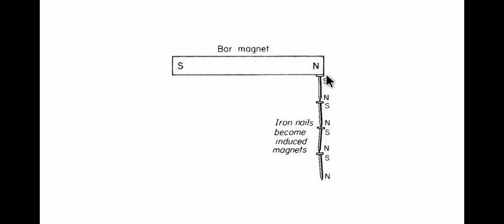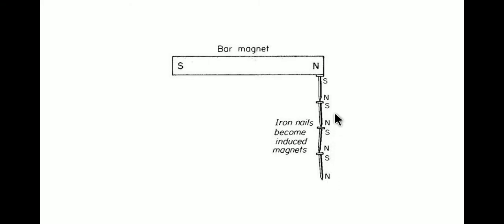Now the first nail acts like a magnet, and again it induces a similar kind of magnetic induction in the second nail. This north pole will induce a south pole, and the north pole is at the further end, and so on, all the nails get induced magnetism.